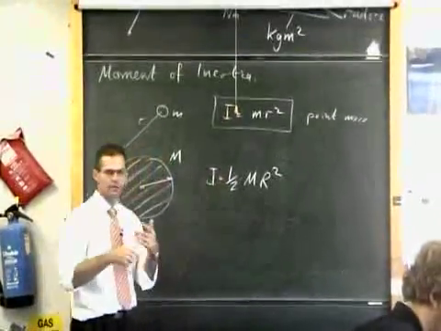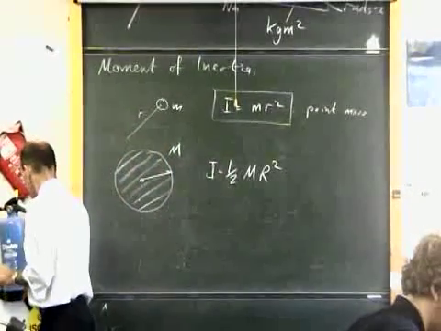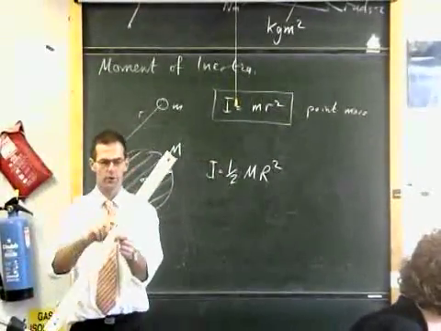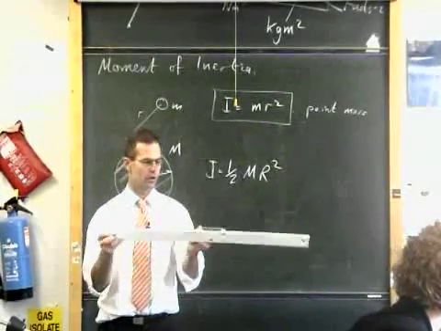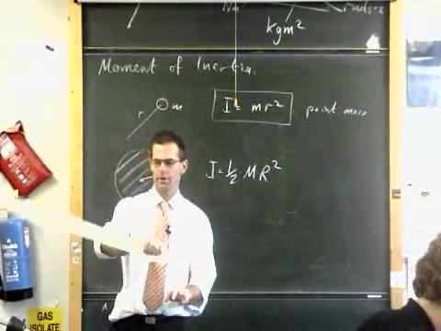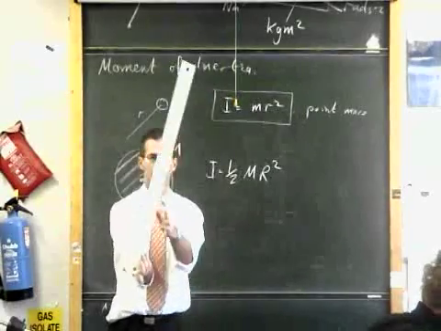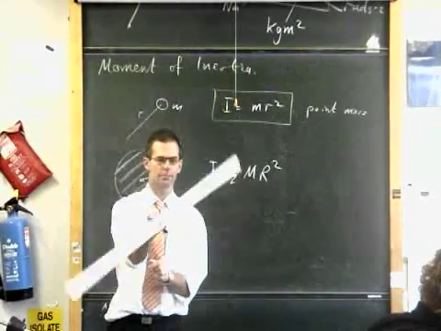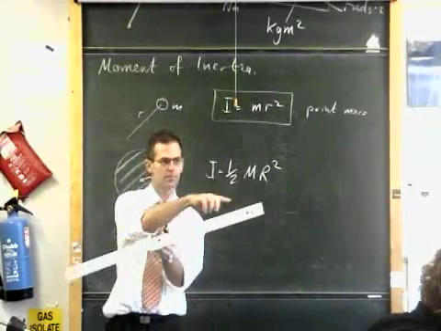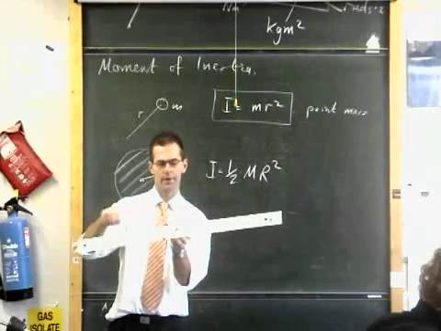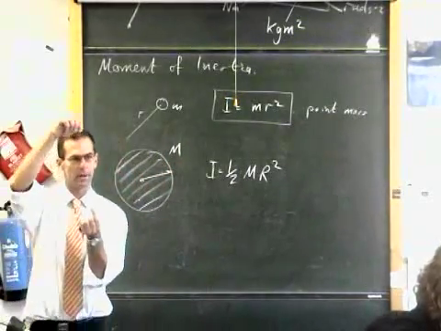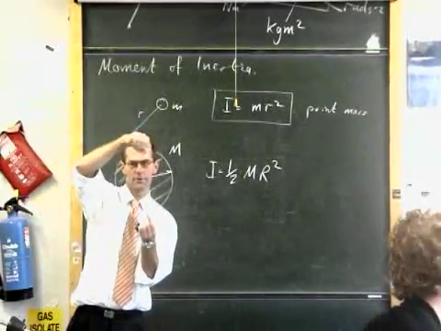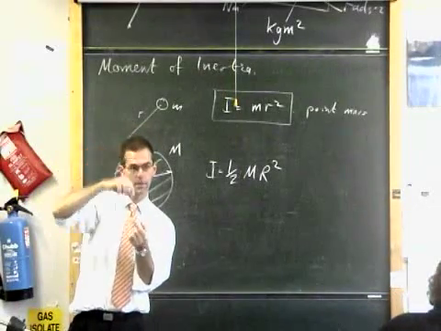So different objects have different moments of inertia. If you take the moment of inertia for a rod or a long beam like this around one end, its moment of inertia is different to when it's spinning around the center, because the distribution of the mass is different. Similarly, a football or basketball spinning has a different moment of inertia because it's a sphere as opposed to a disk.